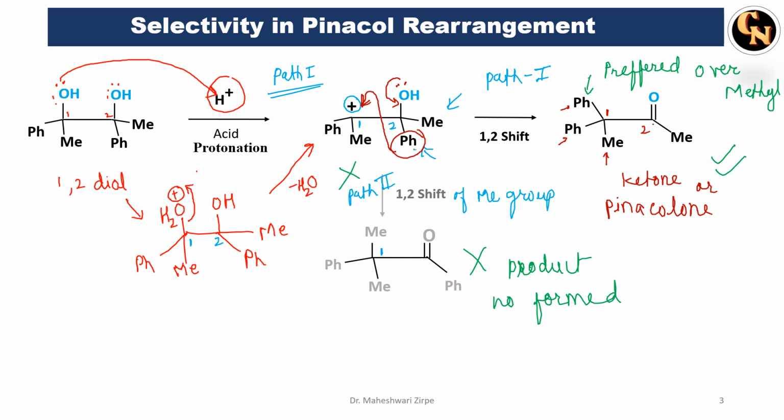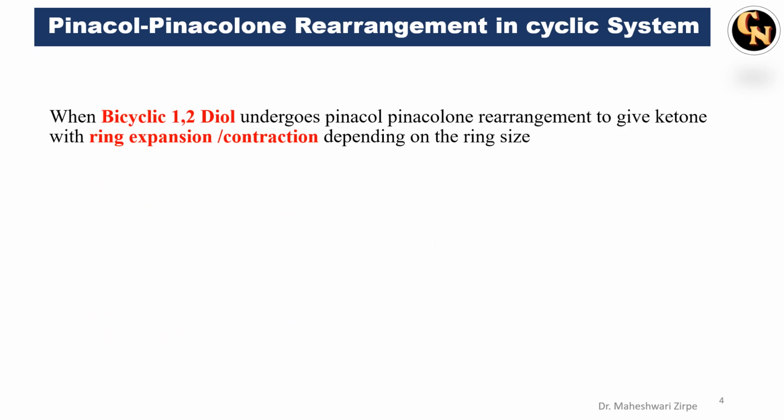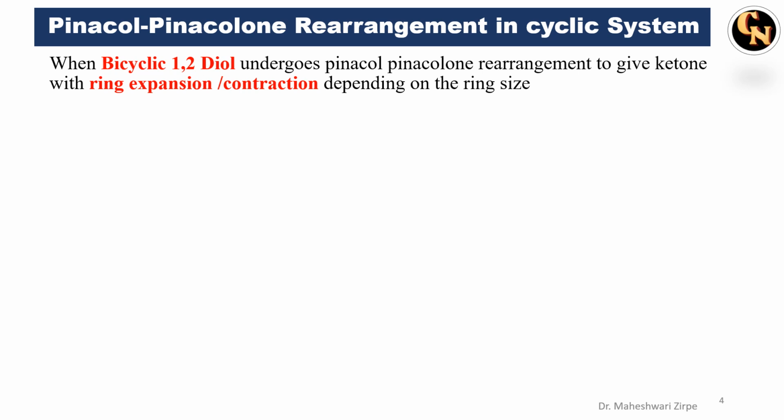Okay, so let us now study the rearrangements in cyclic systems. Today's part 2 is specially for cyclic systems. Now when a bicyclic 1,2-diol undergoes Pinacol-Pinacolone rearrangement to give a ketone, either ring expansion will take place or ring contraction may take place, depending on the size of the ring.